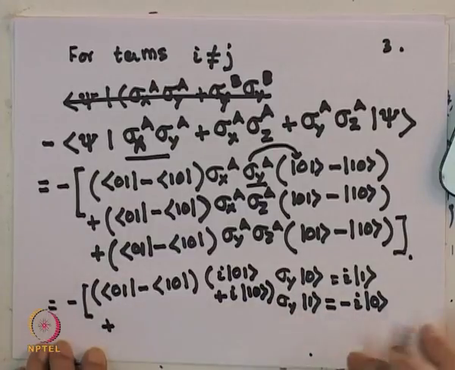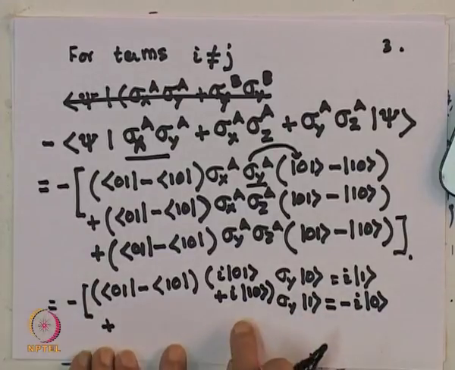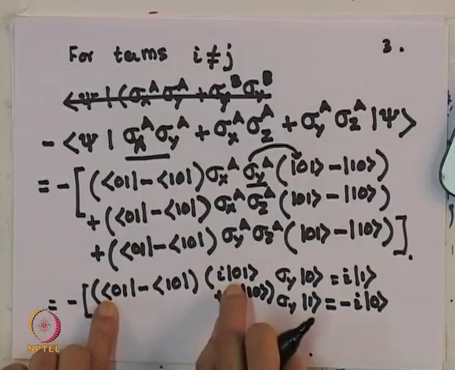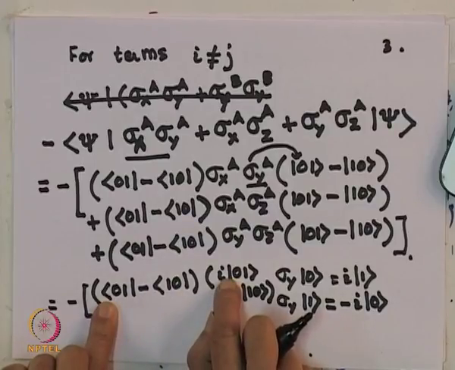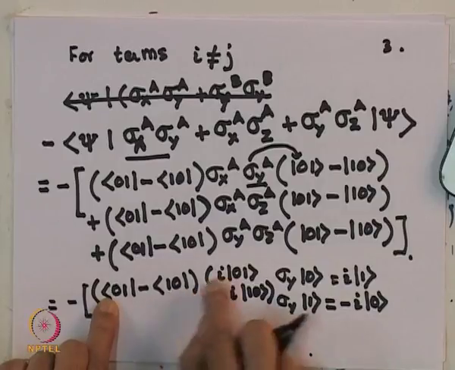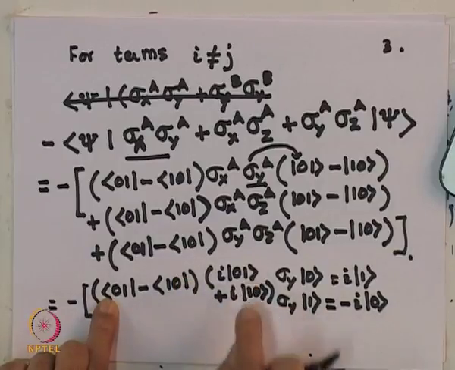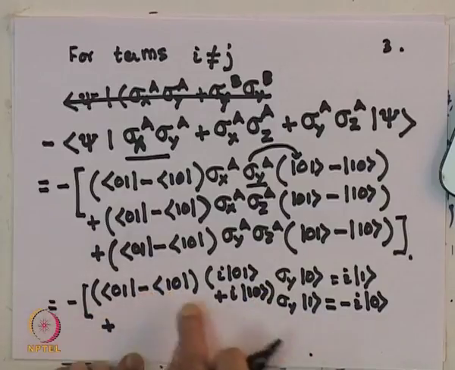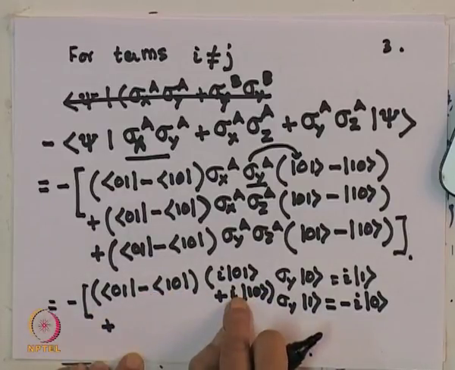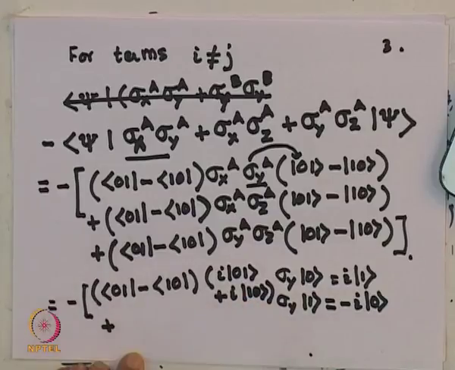Now look at what this actually is. This state 0 1 is of course the same as this state 0 1, so I get a factor i. But 1 0 is orthogonal to 0 1, so I get 0. But this state is the same as this state, but there is a minus sign here, so I get a minus i. So i minus i gives 0.